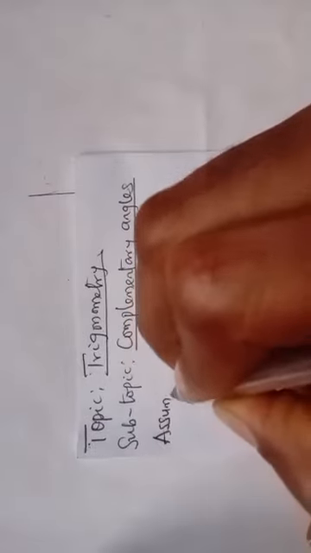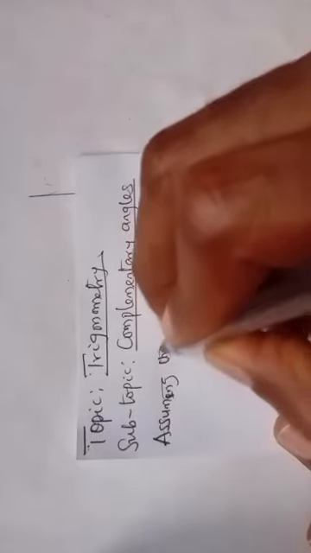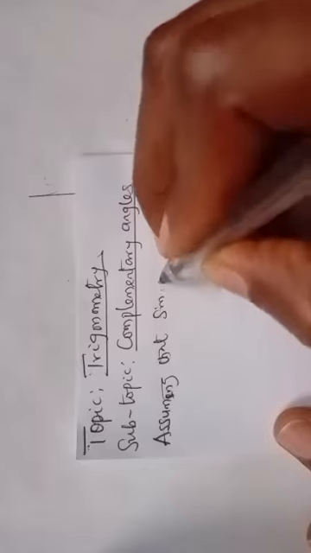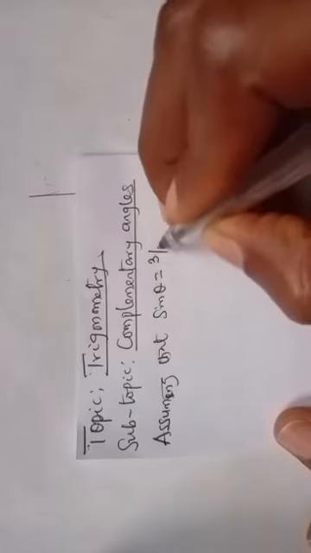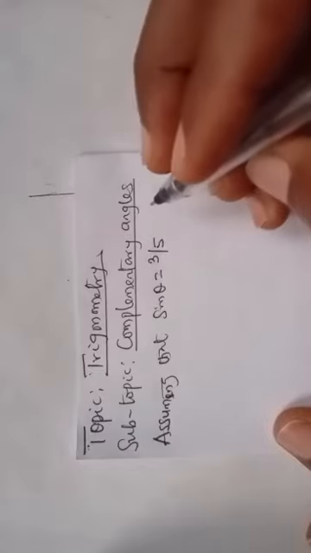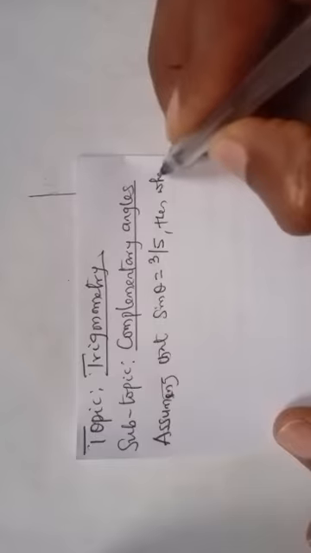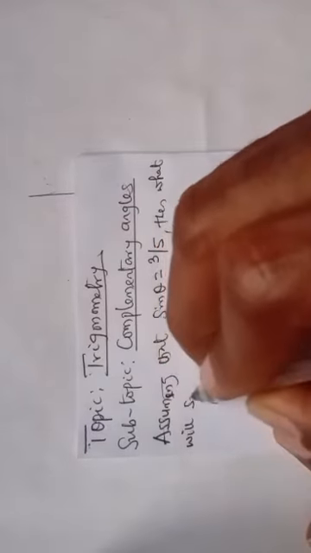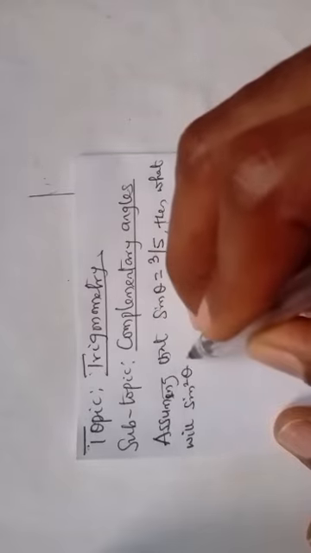Let's assume that sine theta is equal to 3 over 5. Then what will sine square theta be?